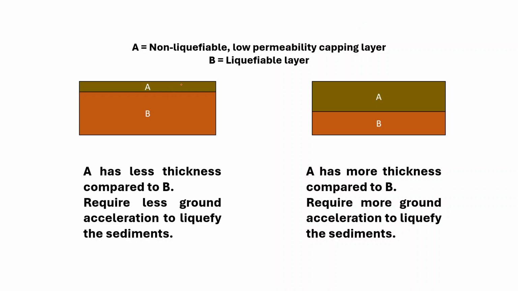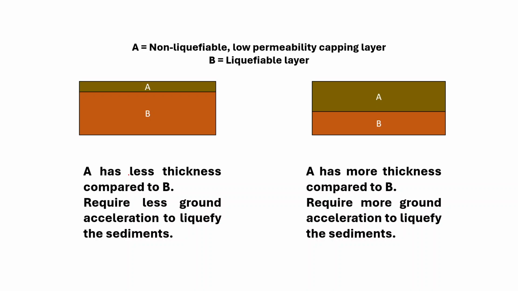So if this top layer is thin, like its thickness is less, as in the first case, that will not require so much ground acceleration to liquefy the sediments because the bottom layer is thicker. So it can break through the top layer. That is the thing you had seen in the sand boils, sand dikes, sand blows, all those things.